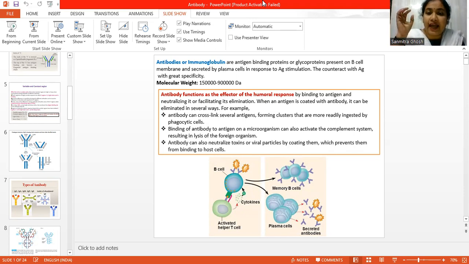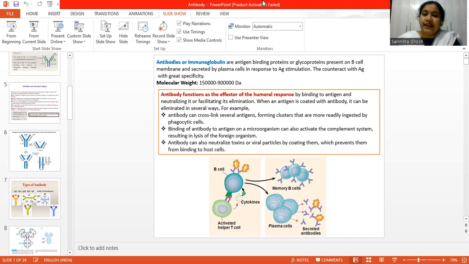So these antibodies or immunoglobulins will counteract with these antigens with great specificity because of the complementarity in their structure. Normally, these proteins or glycoproteins have a molecular weight which ranges from 150,000 Dalton to 900,000 Dalton.